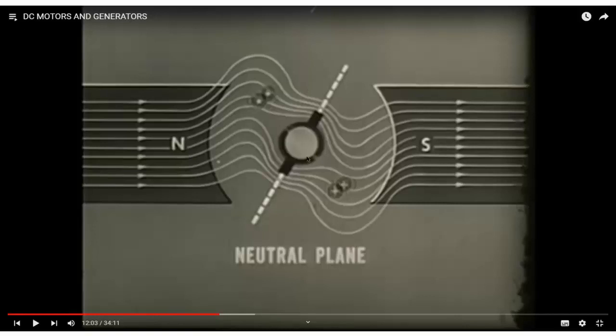The magnetic neutral axis will change its position with respect to the magnitude of armature current. So it is terrible. Let's check how we make a better design.